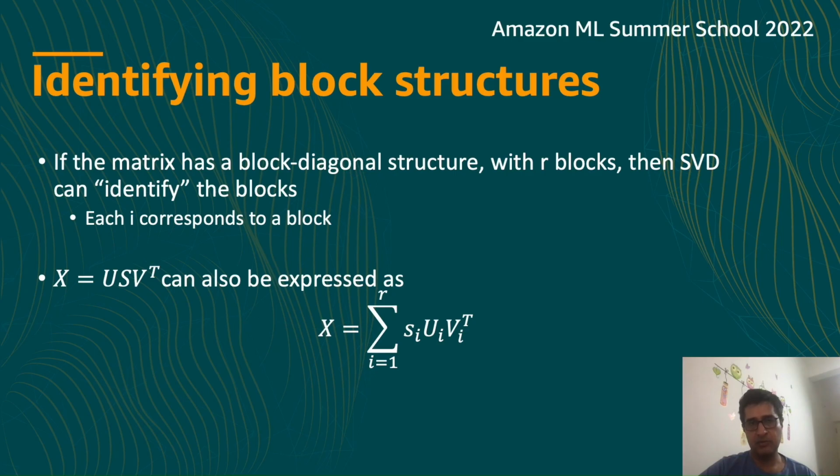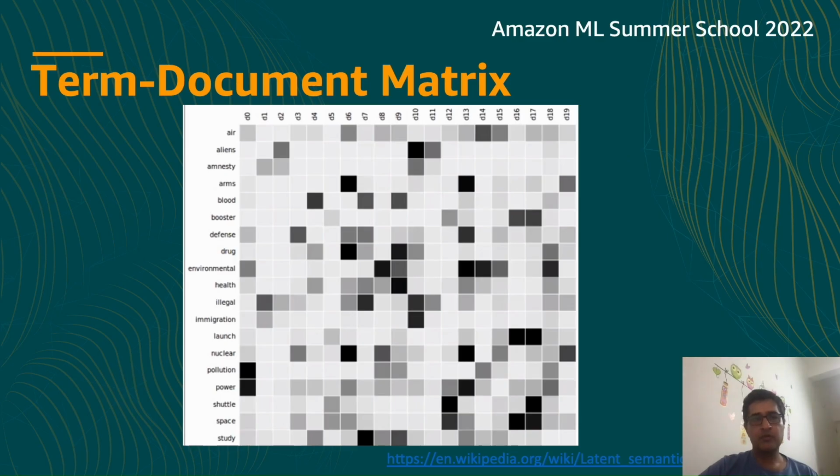Okay, so let's say that you had a problem which was related to text. So you had a textual problem where you had the document numbers represented on the x-axis.